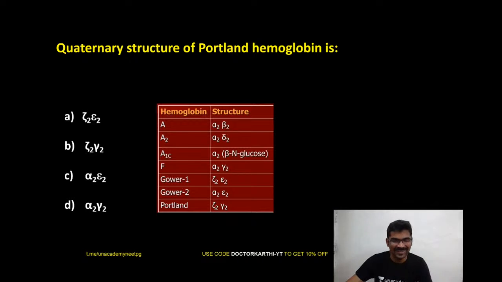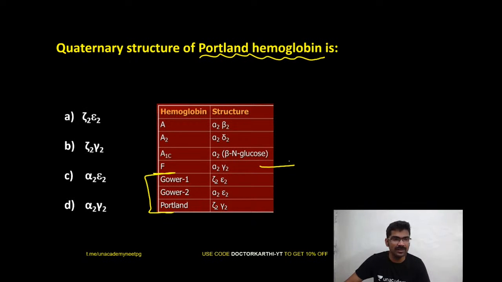Yeah. So the whole purpose of me giving is so that you will know this question. So this has been asked once. So it is a purely memory based question only. But still I want you to know this. So what are these Portland, Gower 2, all these things? So these are all embryonic hemoglobin.